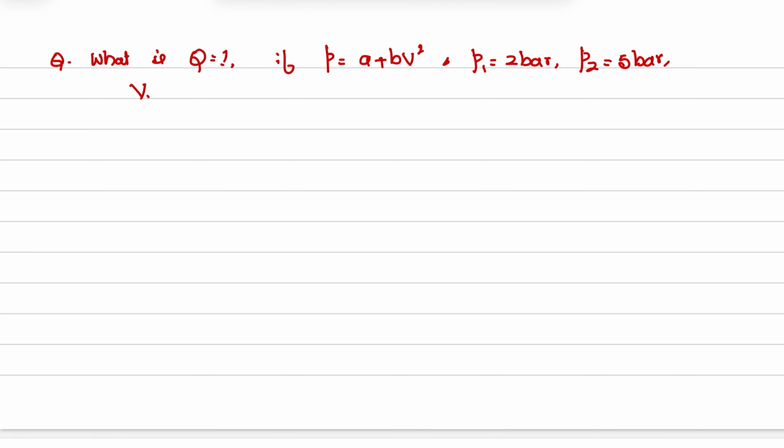Question is, what is heat transfer Q is equal to how much if pressure is equal to A plus bV², and the initial pressure is equal to 2 bar and final pressure is equal to 5 bar, and initial volume is equal to 1 cubic meter and final volume is equal to 3 cubic meter, and change in internal energy is equal to 100 kilojoules.